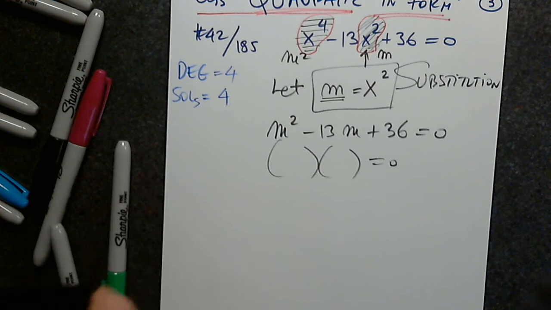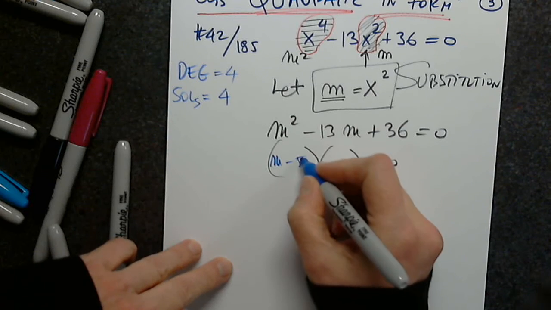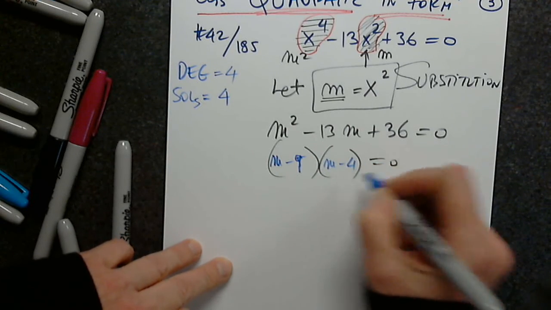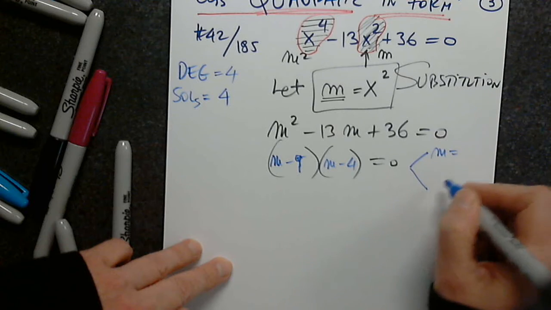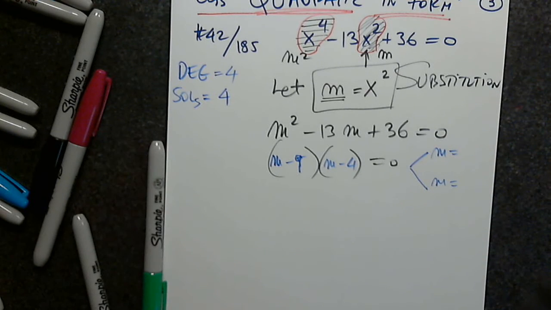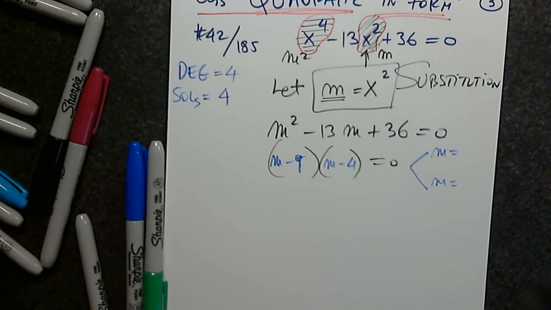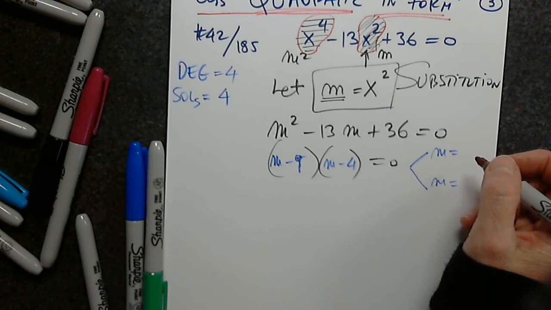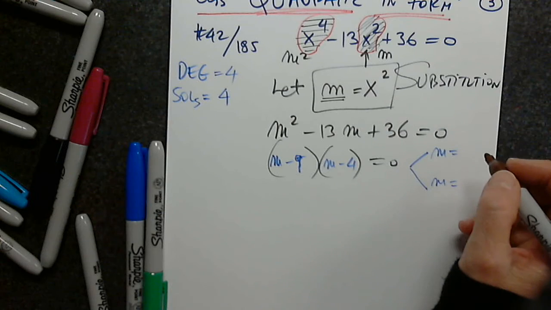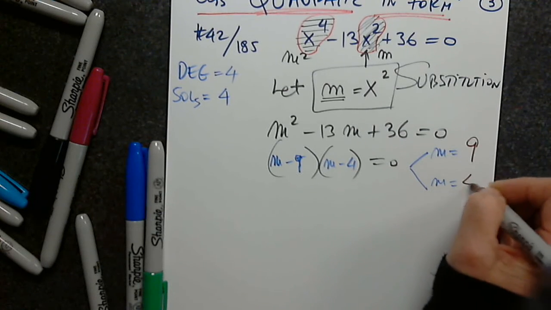So how do we factor this? Of course. Very good. So m minus 9 and m minus 4. Very good. And the options for m then, awesome. Excellent.